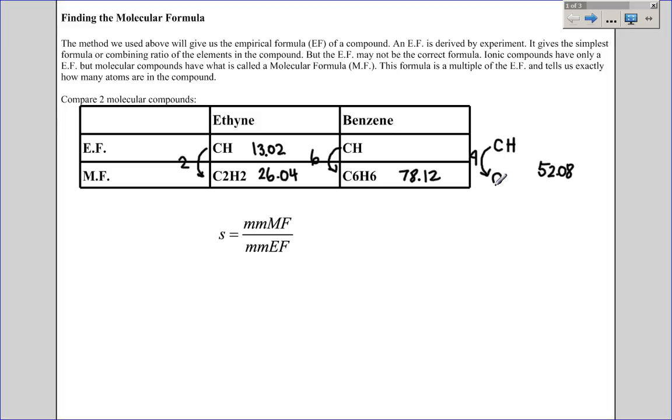From that information, I can then take the empirical formula and find the molecular formula by multiplying all the atoms in the formula by that same multiplier. So in this case, it would be C4H4.